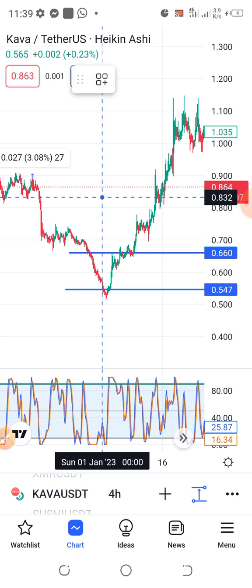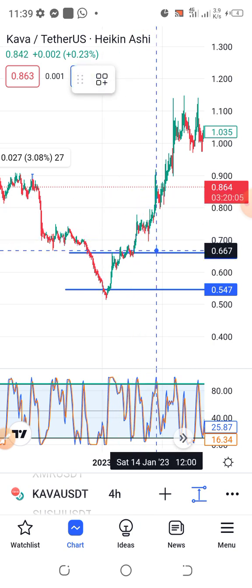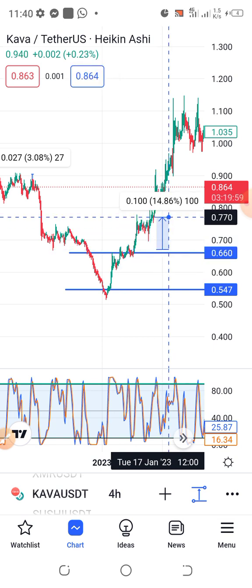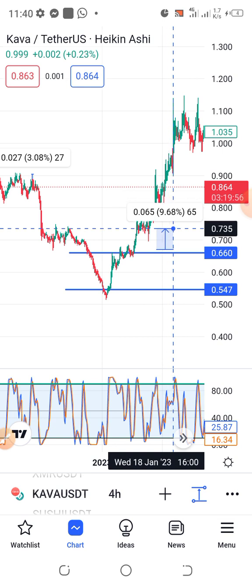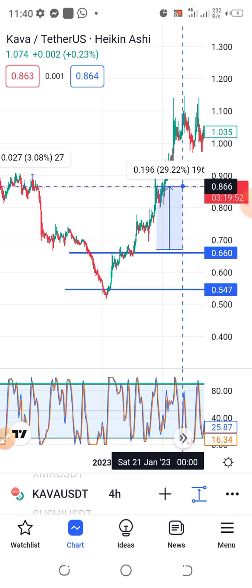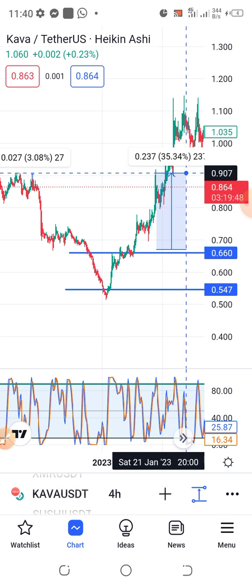That is take profit number one, 19%. Our second take profit was around here, that is 29%. Our third take profit was here, 35%. And you can go as far as you can, depending on your past entries. You understand? So that is one of the take profits.